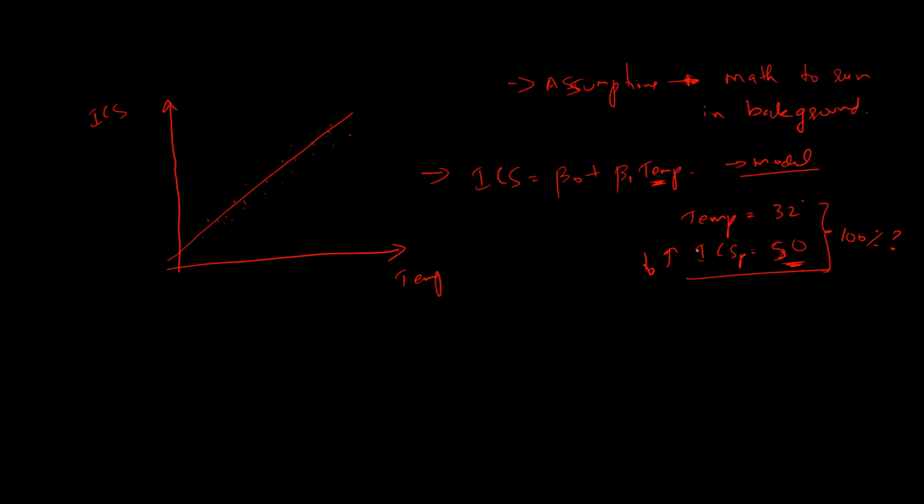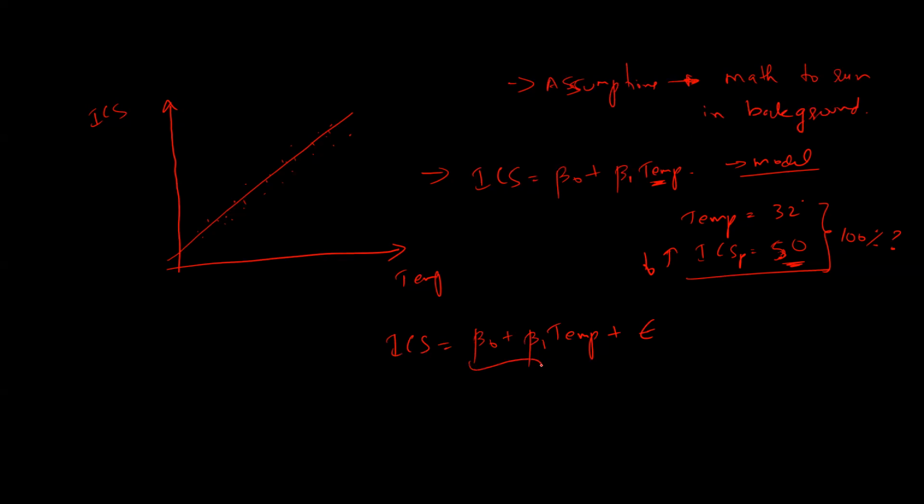So how can we represent this variance? My ice cream sales will be beta 0 plus beta 1 into temperature, plus I give this variance as the error. Correct?